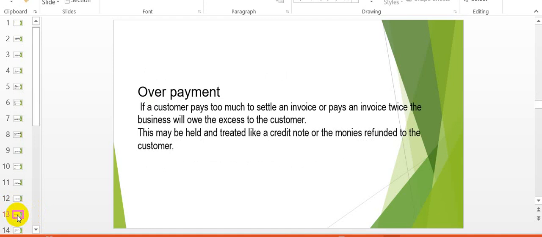You may have a situation where a customer overpays you for one reason or the other, because they've made a mistake, they've paid one invoice twice.